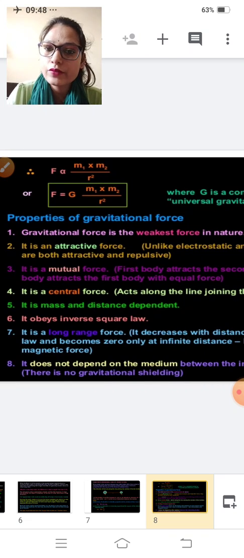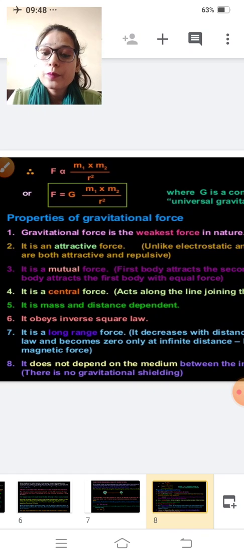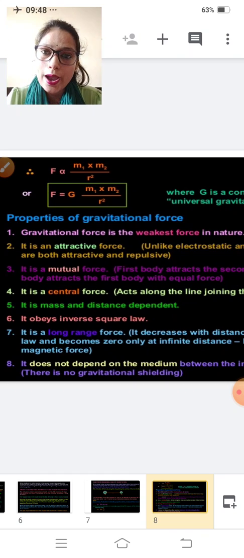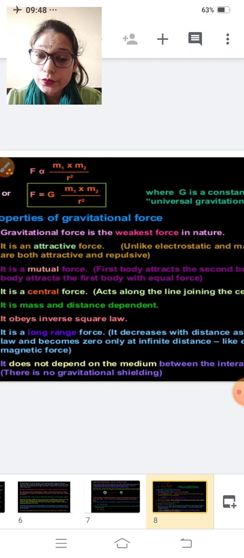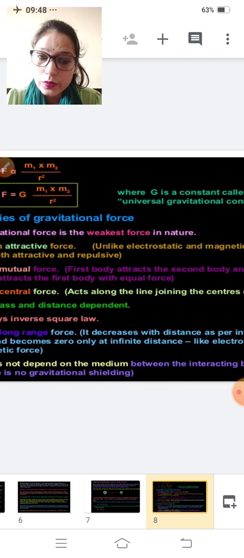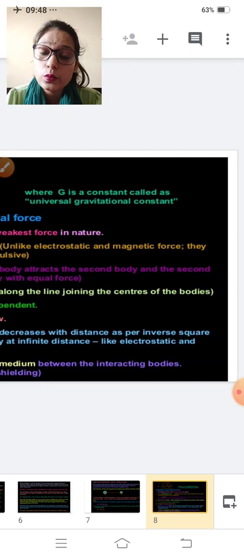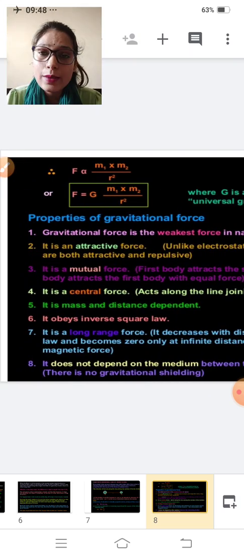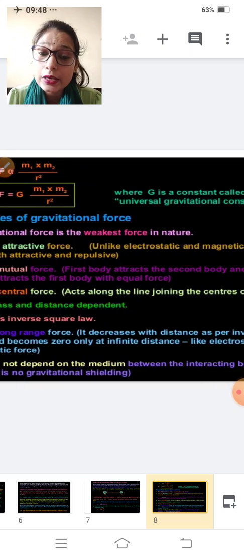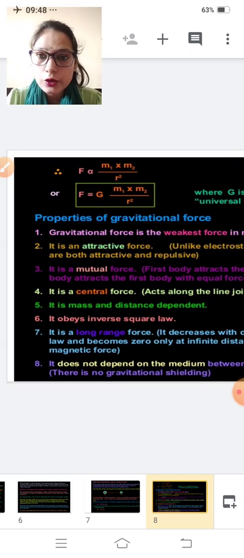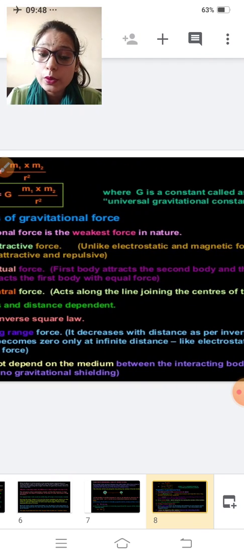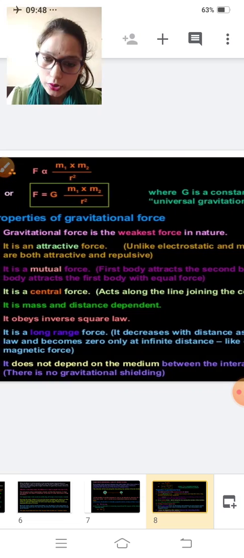See? M1, M2 and R. It obeys the inverse square rule. It is a long range force. It decreases with distance as per the inverse square rule and becomes zero only at infinite distance, like electrostatic and magnetic force. It does not depend on the medium between the interacting bodies.